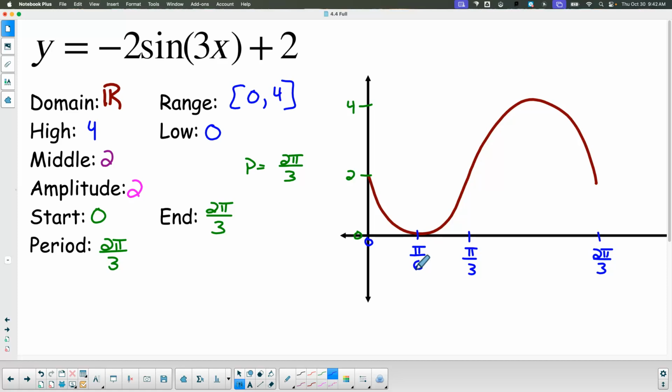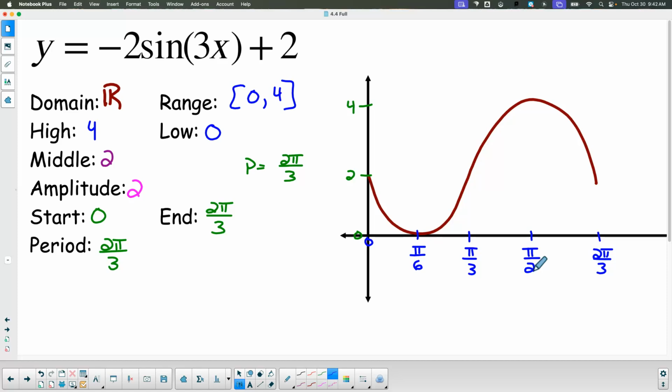Do we agree with that? Okay? Then the average, 1 pi over 3 plus 2 pi's over 3 makes 3 pi's over 3, which reduces just to pi. I'm going to make this as my pi symbol. Okay? And pi divided by 2 is pi over 2. And then you got 2 pi over 3's on it. It just happens. Okay? Right?